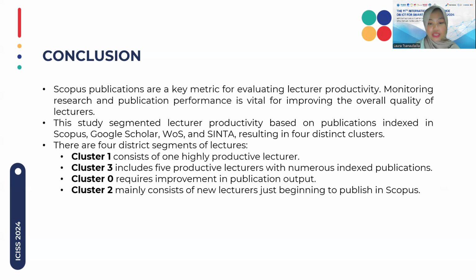The conclusion is that Scopus publications are crucial for evaluating lecturer productivity, and monitoring research and publication performance is vital for improving overall lecturer quality. The study segmented lecturer productivity into 4 distinct clusters, each with different characteristics and needing improvement.